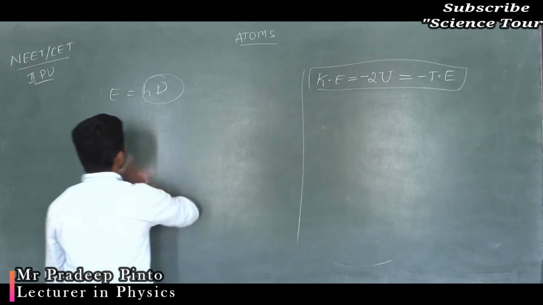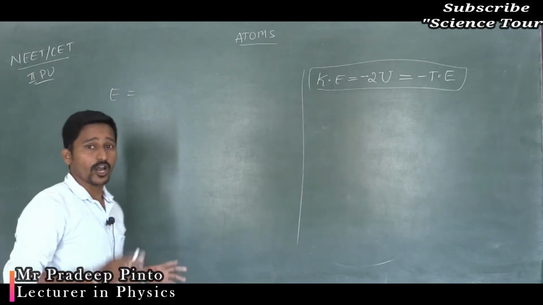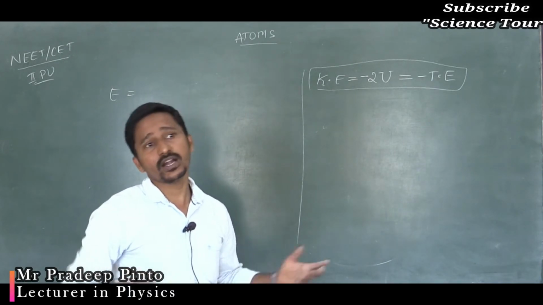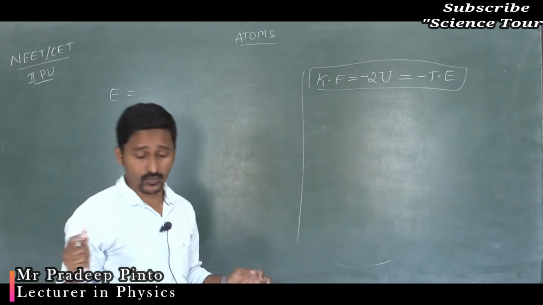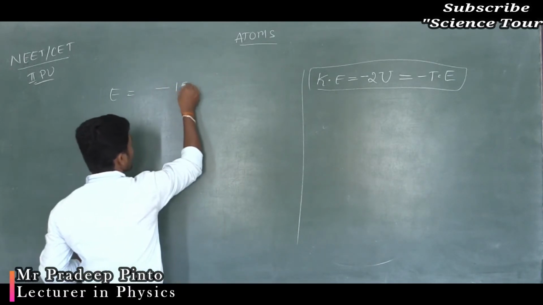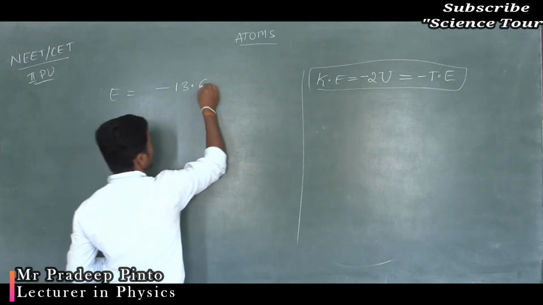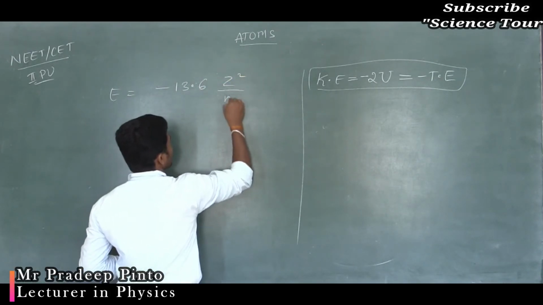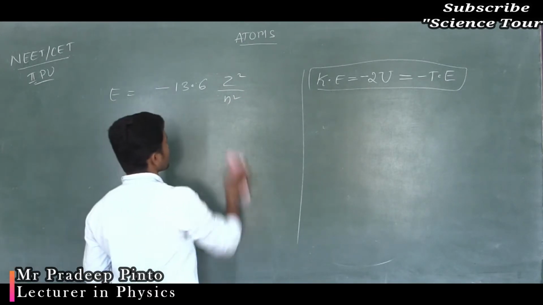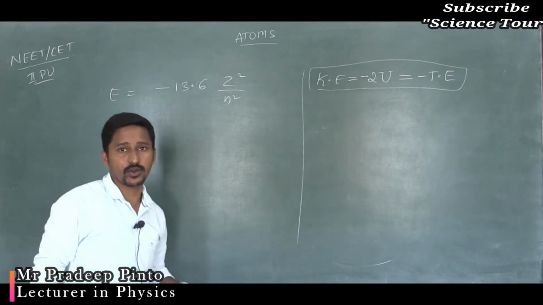Now what energy did we have? The total energy of an electron going around a nucleus, whether in the first, second or third orbit, depends on n square. We have written minus 13.6 Z square by n square for hydrogen. For the first orbit, Z is 1 and n is 1, so we get minus 13.6.